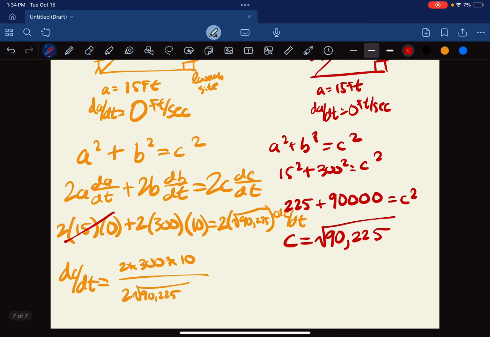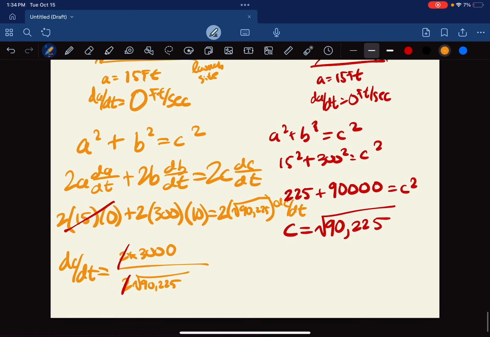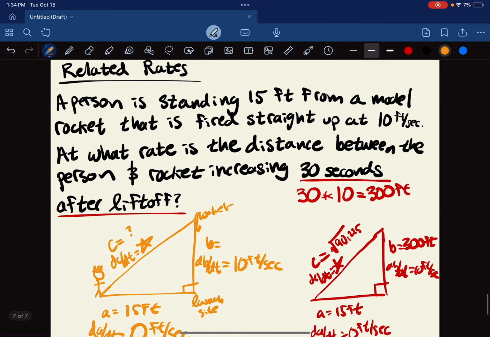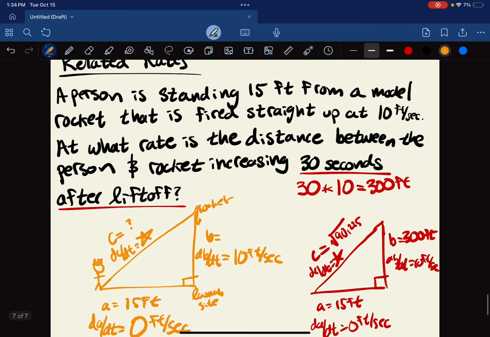These two 2's can cancel out, and then this 10 is just going to tack another 0 onto here. So dc dt will equal 3,000 divided by the square root of 90,225, and then we have to provide units, and these will be in feet per second.